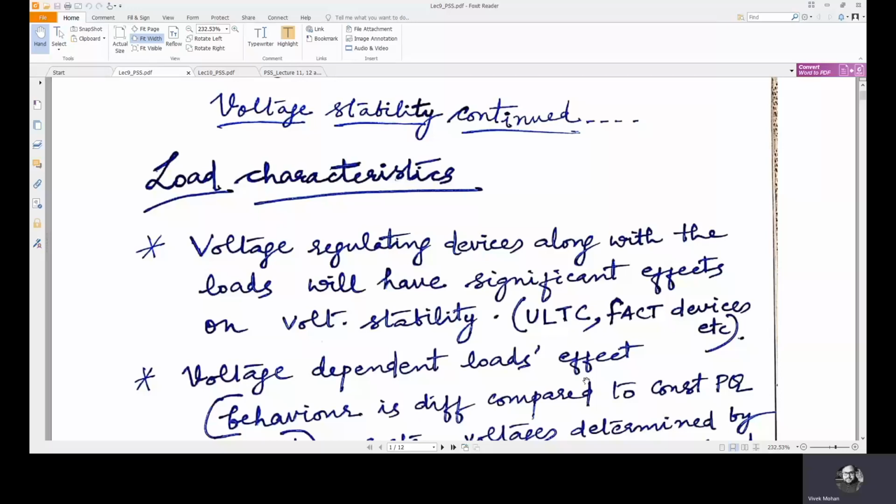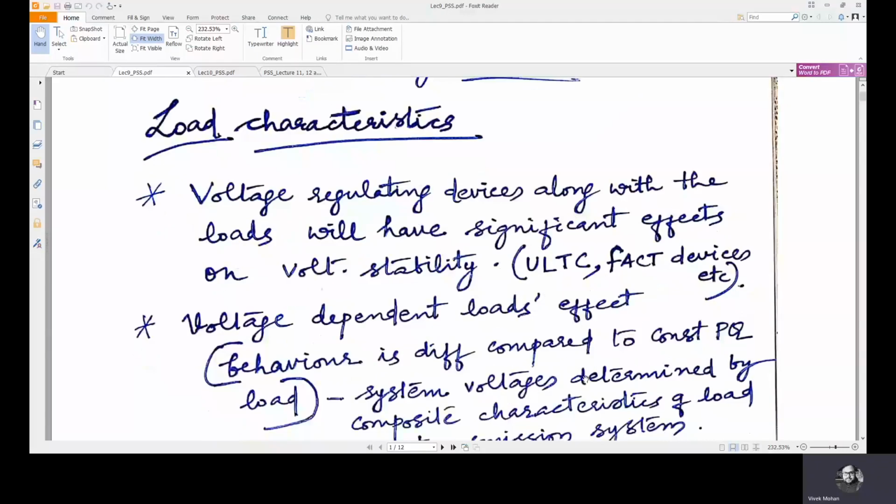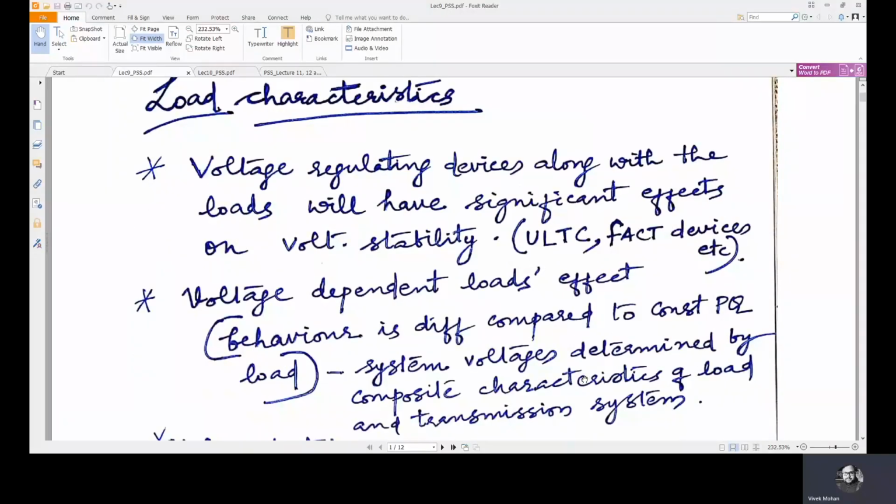Now, the behavior of a voltage dependent load is different compared to the constant PQ load, because when using static tools in power system, suppose we are running a load flow, the buses are assigned as either PQ bus or PV bus or slack bus. For a PQ bus, we know that P and Q are already constant and V is free.